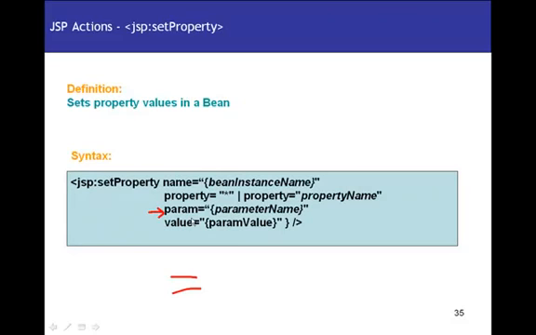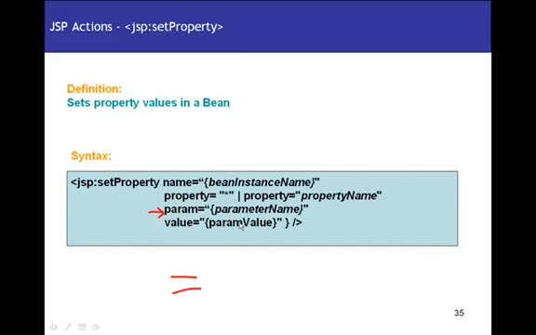So let's say that I set the value of user ID to 1 in the servlet, and I pass that to the JSP page, and in the JSP useBean action, it instantiates the bean and the value of ID is brought in as 1, and then in my page I do a JSP set property and I say user ID is equal to 2 now. So it simply sets the value to 2 and changes whatever value was brought in.